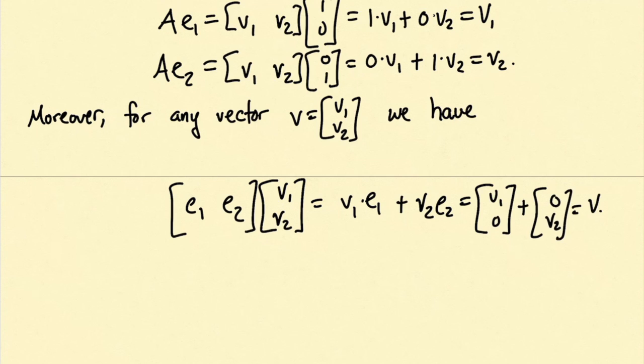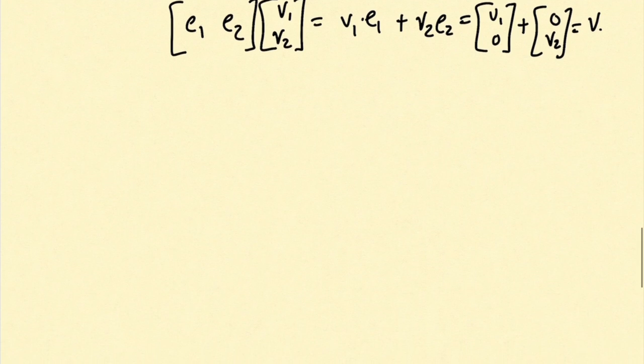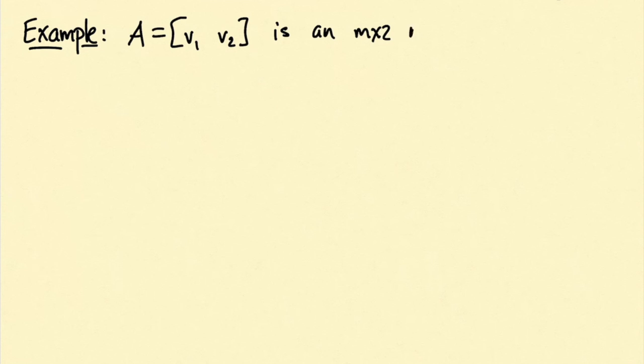These 2 pieces of information give us a lot of information about what we can create for a matrix which might serve as a multiplicative identity. So let's consider another example. We have a matrix A whose columns are v1 and v2, and this matrix is an m by 2 matrix.